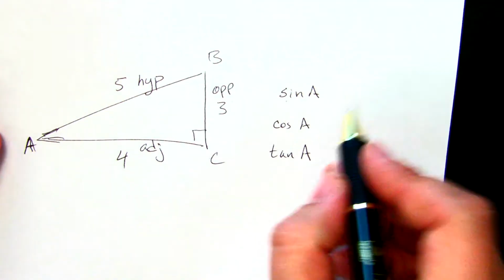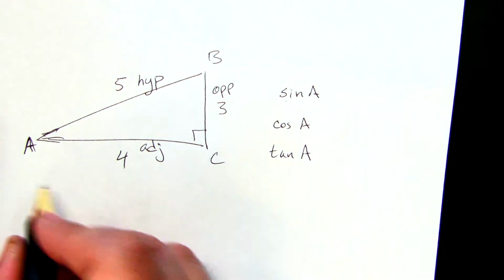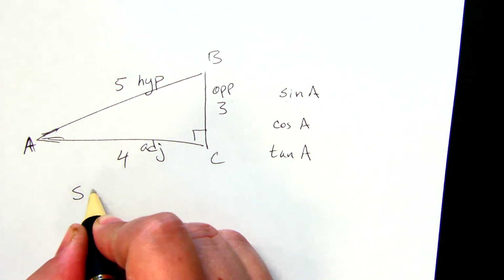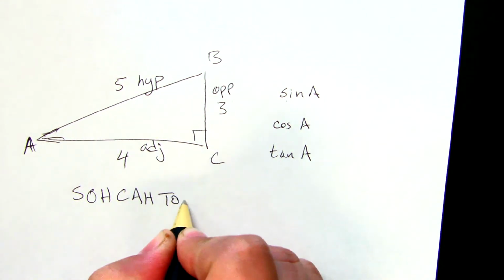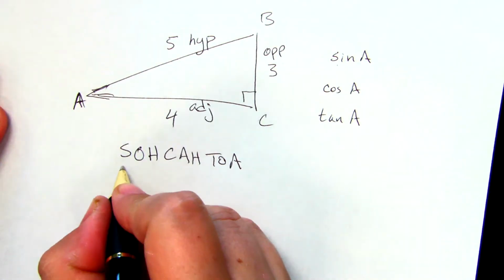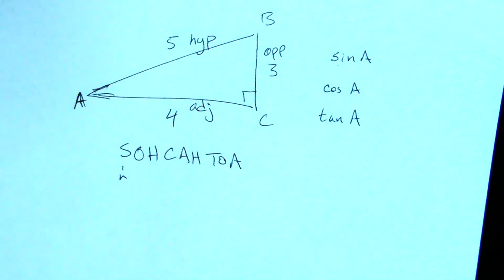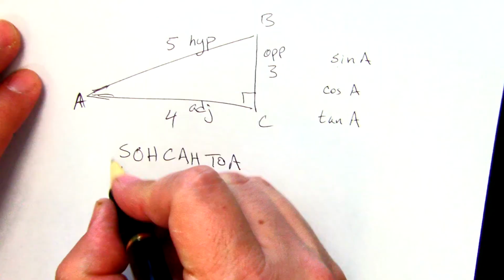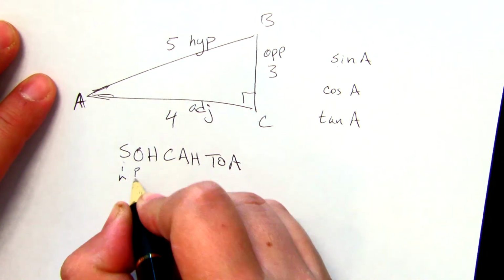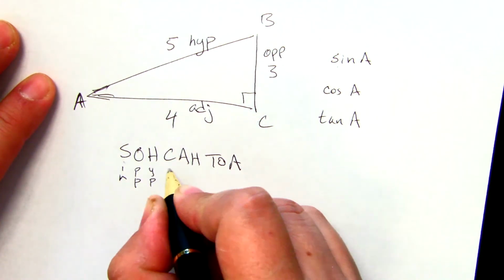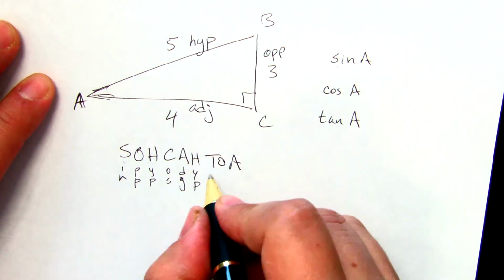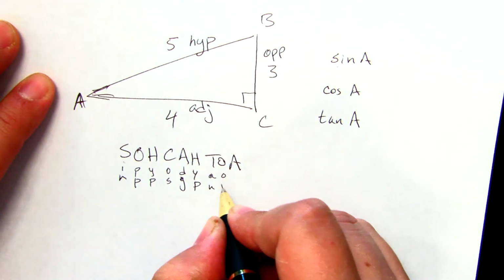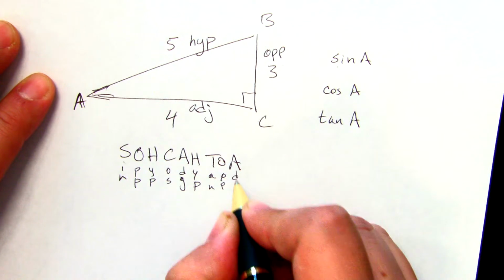Now I want to find sine A, cosine A, tangent A. What does each one mean? Well, let's go back to SOHCAHTOA. Sine is opposite over hypotenuse, cosine is adjacent over hypotenuse, and tangent is opposite over adjacent.